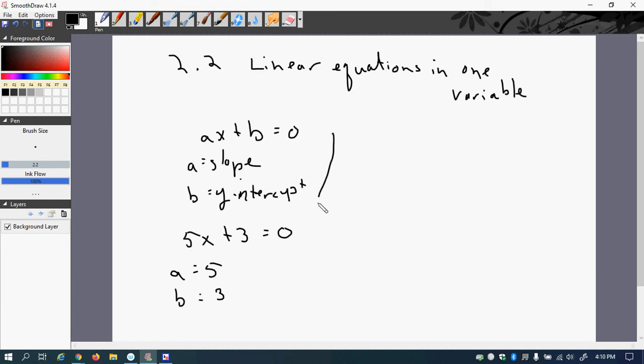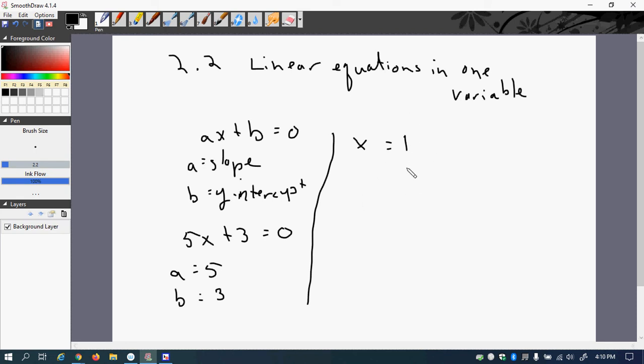Let's take a look at one where it maybe does not look like it. An example would be x equal to 1. That doesn't really look like ax plus b equal to 0, but we can change it so that it does fit.